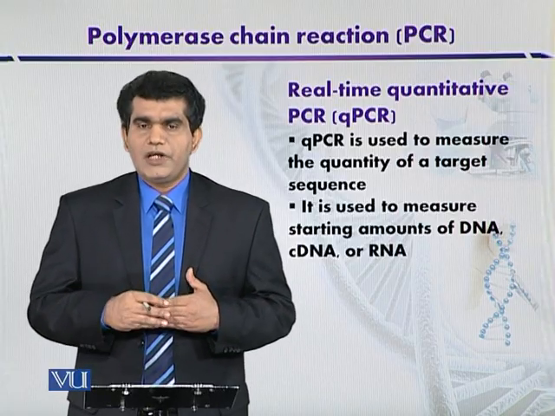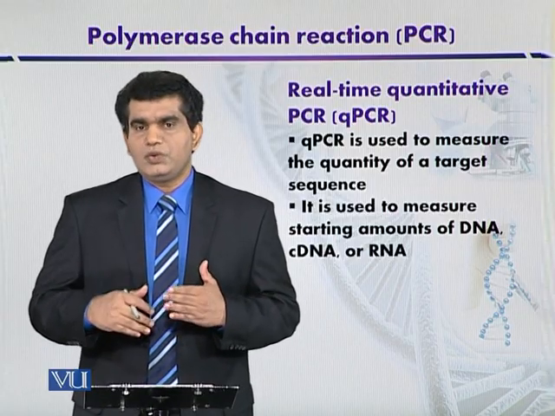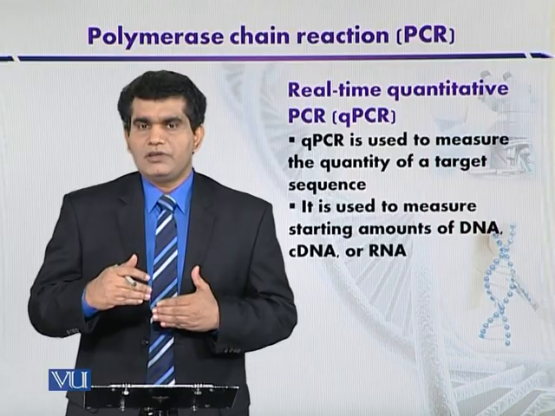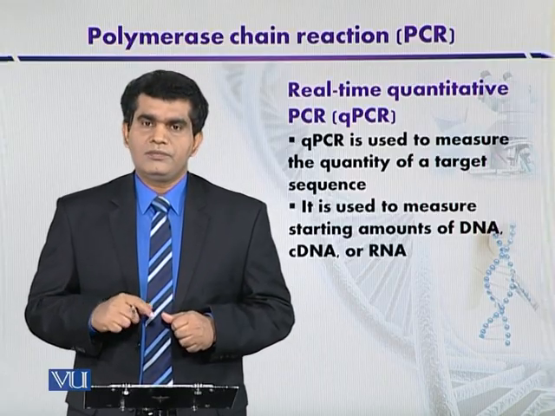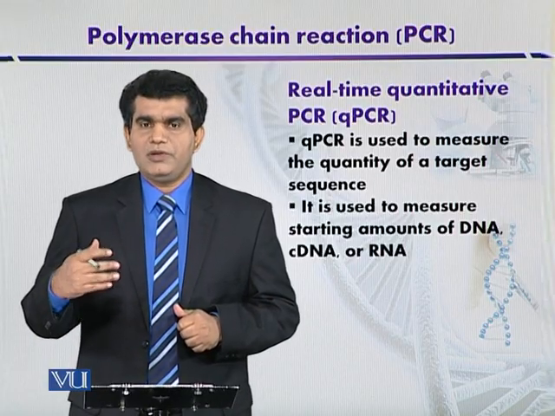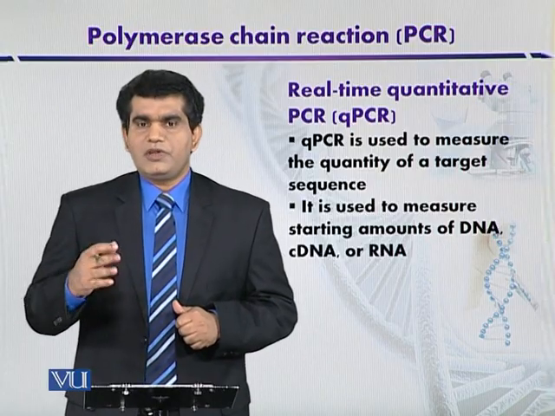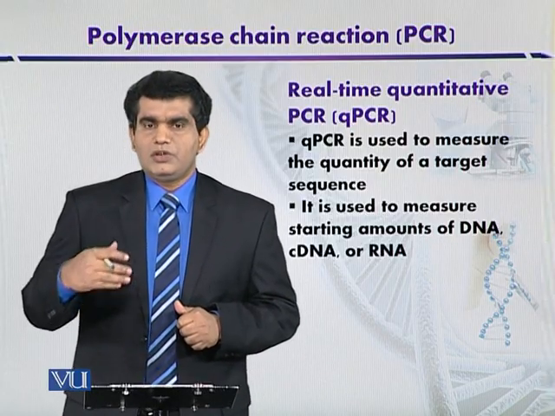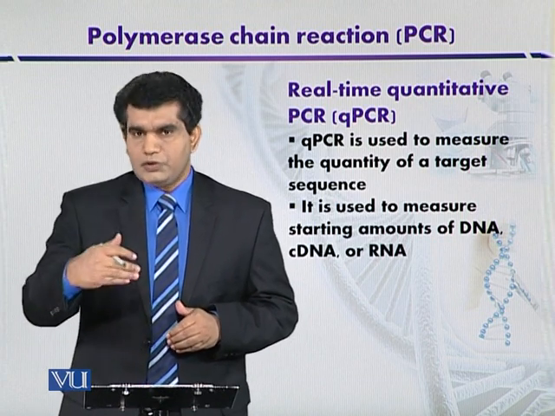So as I told you, ethidium bromide was used initially to record the fluorescence as soon as the amplification of DNA is there. But it has certain disadvantages or limitations: it can give fluorescence for both specific and non-specific molecules. To overcome this problem, DNA probes were used.